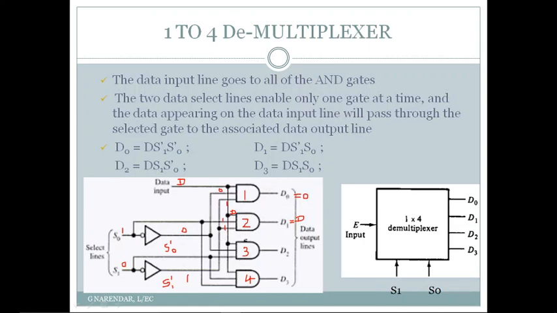For the third AND gate, one of the inputs is S0 bar, so it is 0, and the third input is S1, which is also equal to 0. So D3 is also equal to 0.